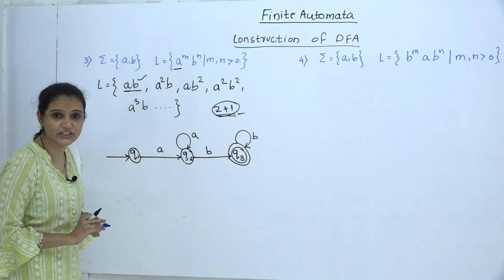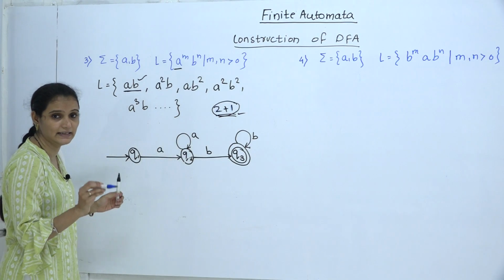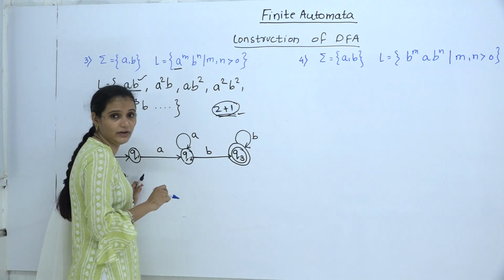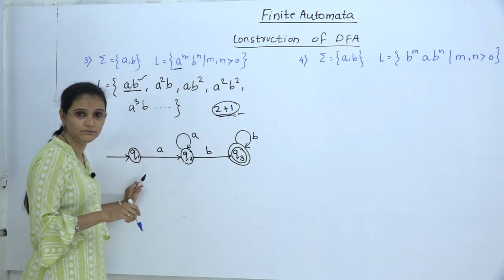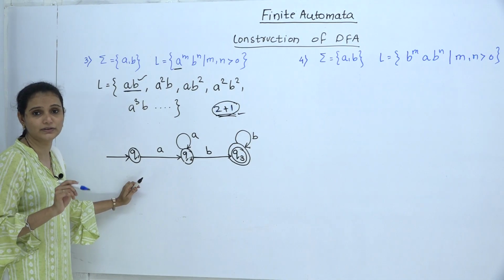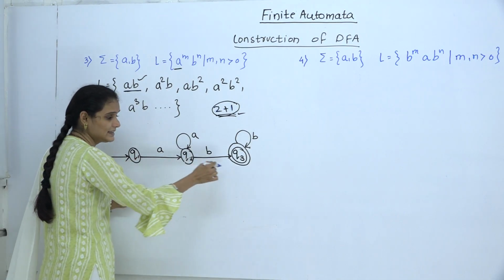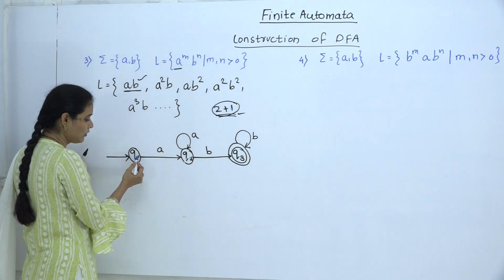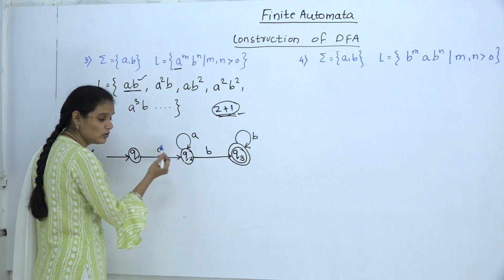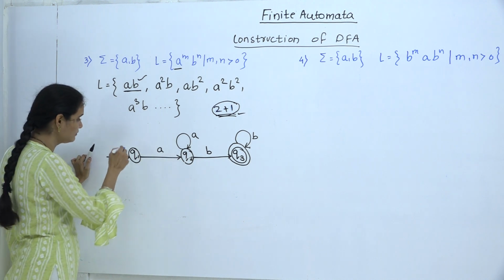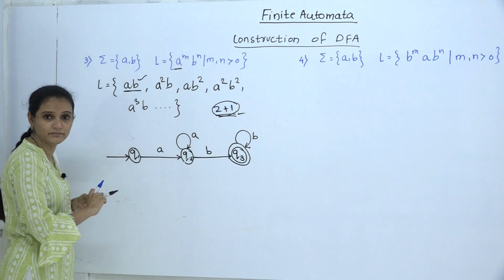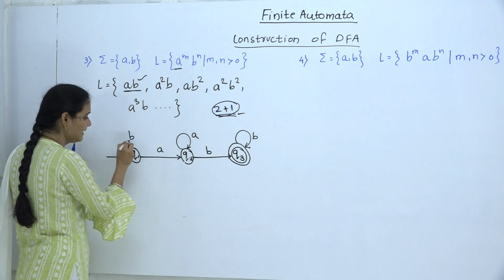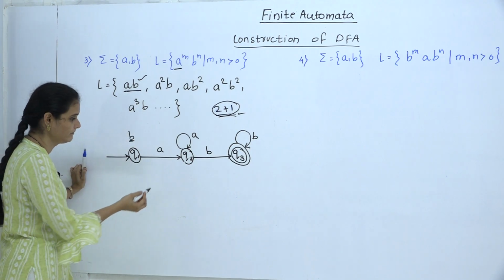But what is the question, students? My question is to construct the DFA. We have seen the rules to design the DFA, and this is still not a DFA. Why? Because from Q1, a goes to Q2, but what about b of Q1? From Q1, b still doesn't go anywhere.